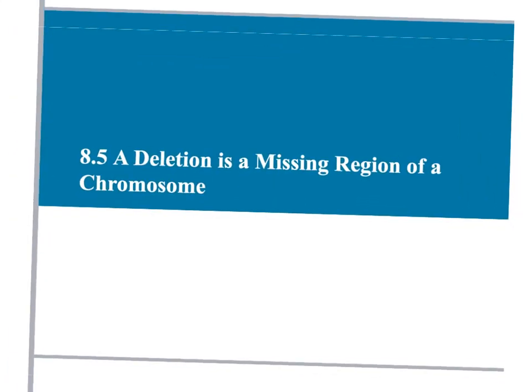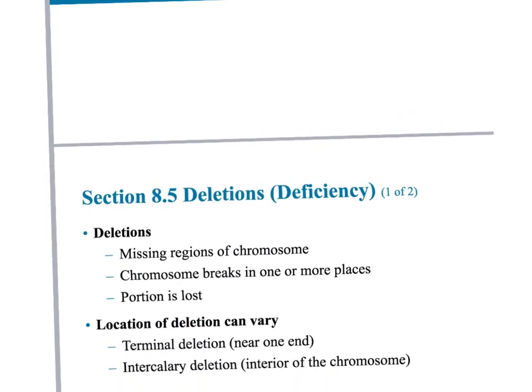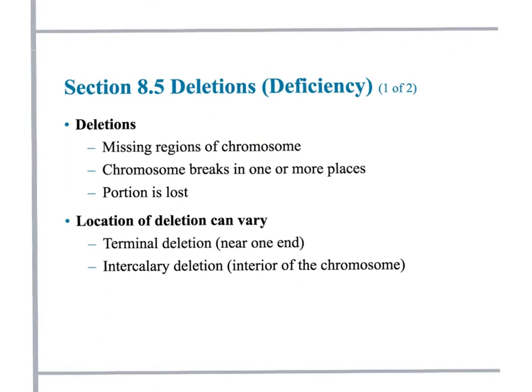And then a deletion is a missing region of a chromosome. So deletion, something got taken out. So it's a missing region. If the chromosome breaks in one or more places, a region can drop out. A portion in between the breaks can be lost for good. The location of a deletion can vary.